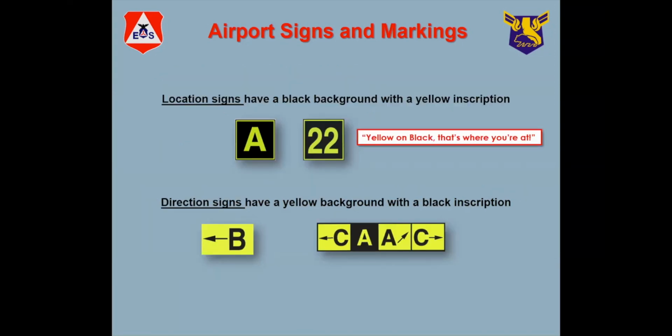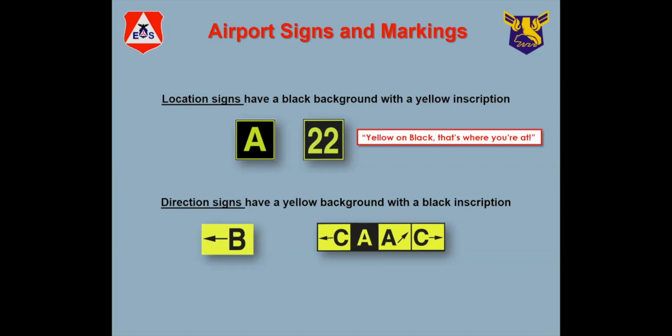Black background, yellow letters tells you where you are. So in this case, you're on Alpha, probably a taxiway. Okay. And 22, that would mean there's an Alpha 21 and 23 or something like that, so it's got a lot of outlets on the taxiway.